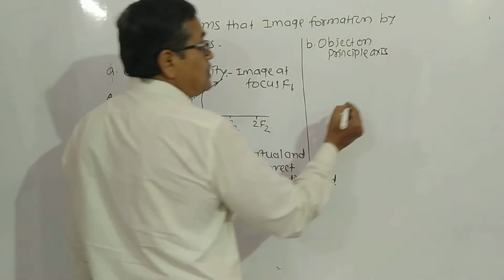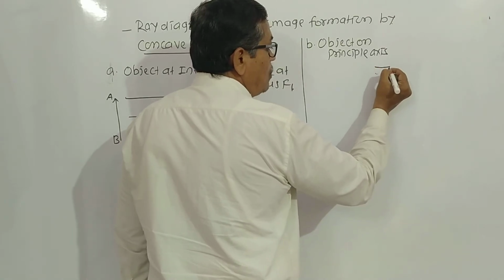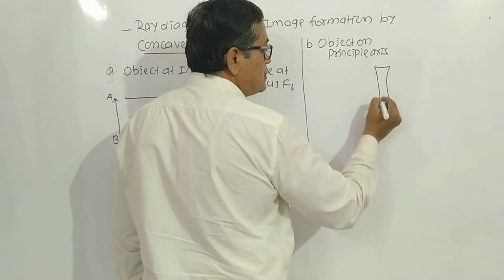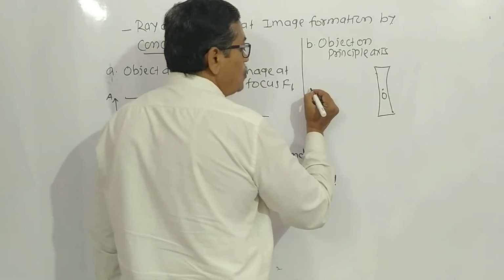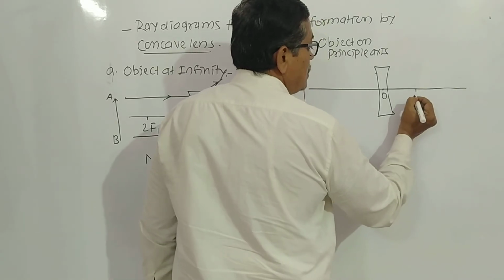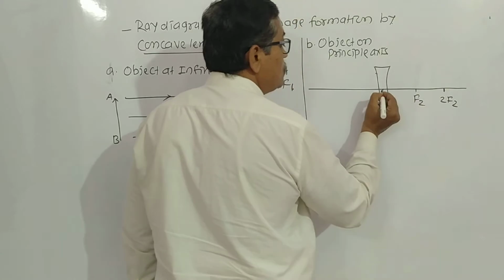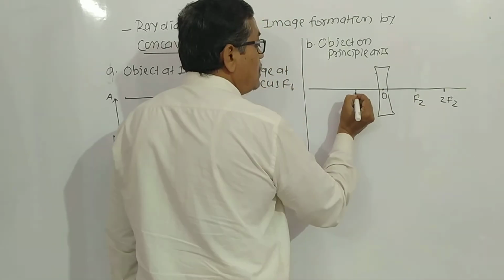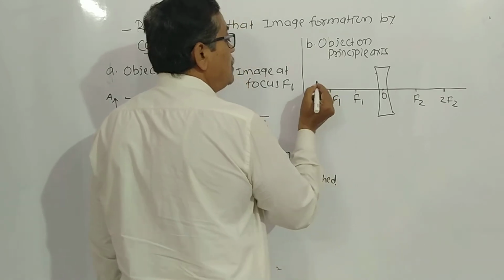Above the principal axis, dear student, look here, concave lens, here optical center O, here principal axis, here F2, then 2F2, here F1 and 2F1.